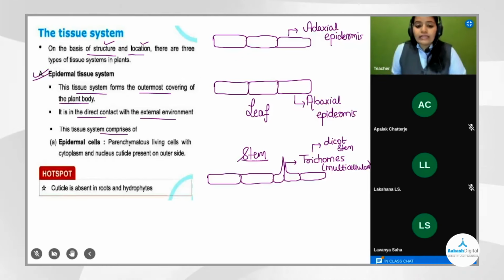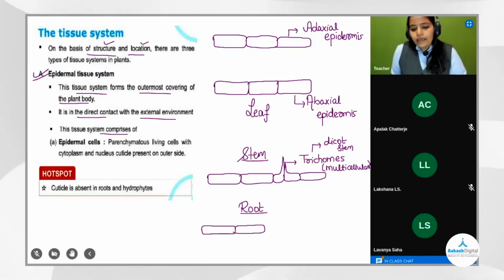Okay. Next, we have the root epidermis as well. Now, if somebody asks you what is so special about the root epidermis which is not present in the stem or the leaf, anybody who could tell me? Very good. Root hair. Like trichomes are also epidermal hair, like epidermal extensions, in the same way, root hairs are also epidermal extensions.